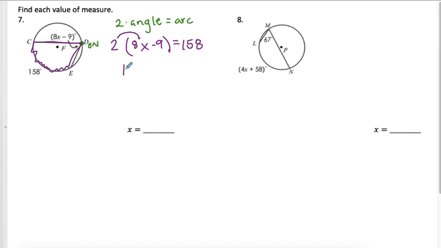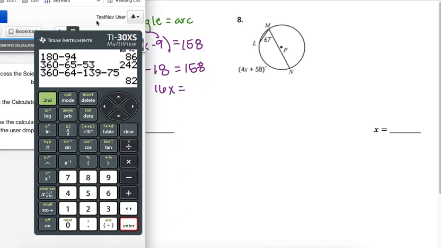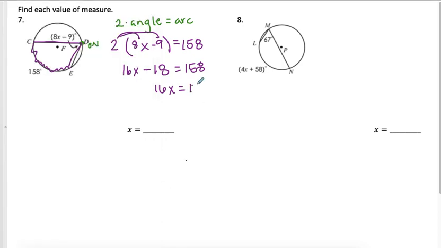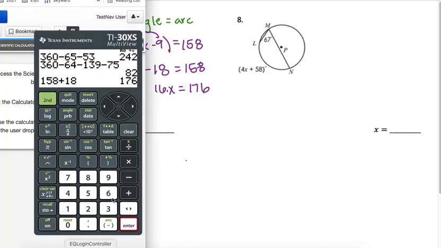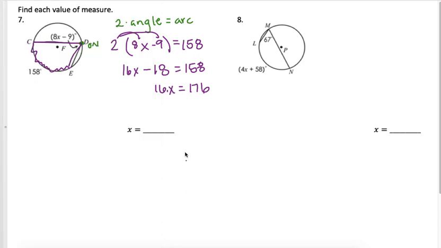And so now I'm going to use my algebra skills to get x by itself. So I'm going to distribute 16x minus 18 equals 158. I'm going to add 18 over to the other side, undoing that subtraction. So I get 158 plus 18 is 176. And undo that multiplication to get x by itself. 176 divided by 16, and we get x equals 11.